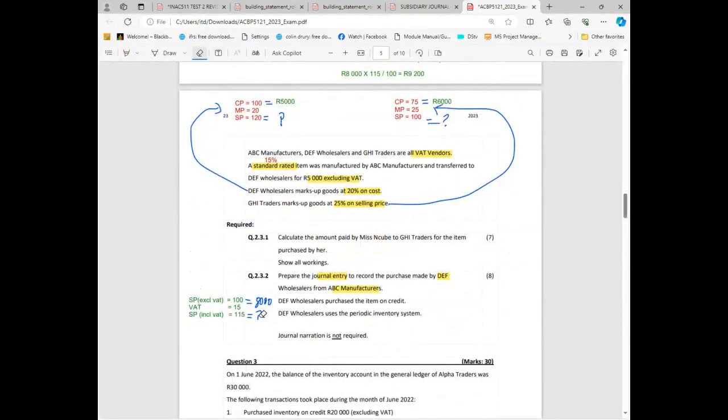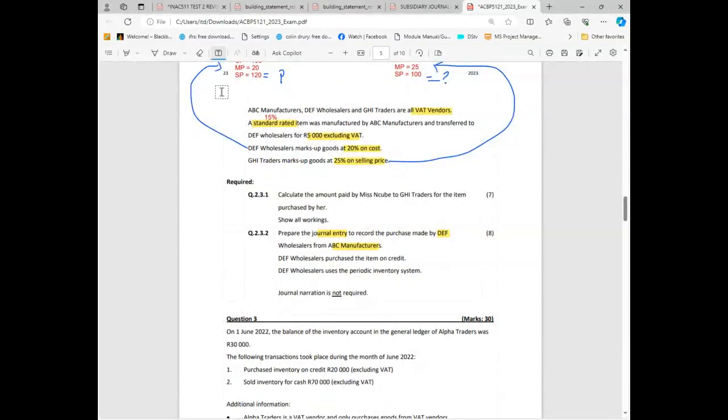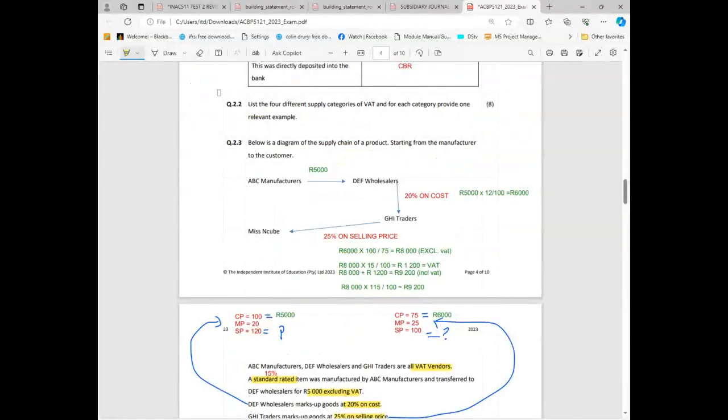Let me delete this. Now, that's why they had to tell us how DEF bought. They say DEF is what they're telling us.